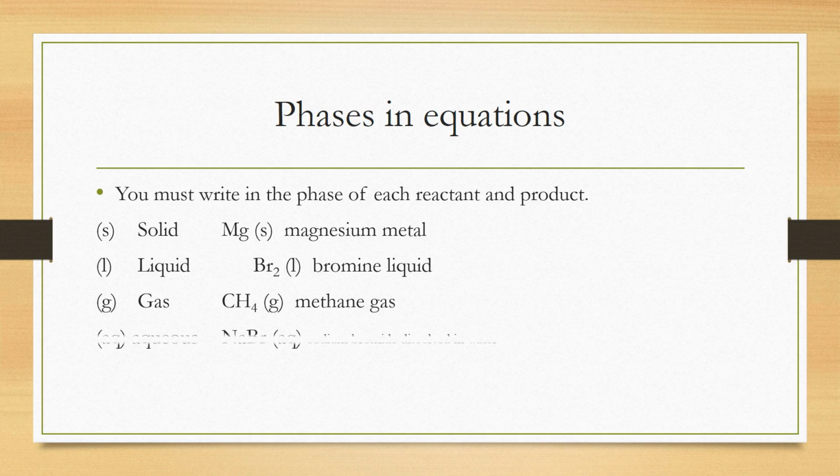All right, and then the other one that we introduced yesterday was aqueous. Remember, aqueous means it's dissolved in water. The compounds that you're usually going to see as aqueous are mostly ionic compounds.